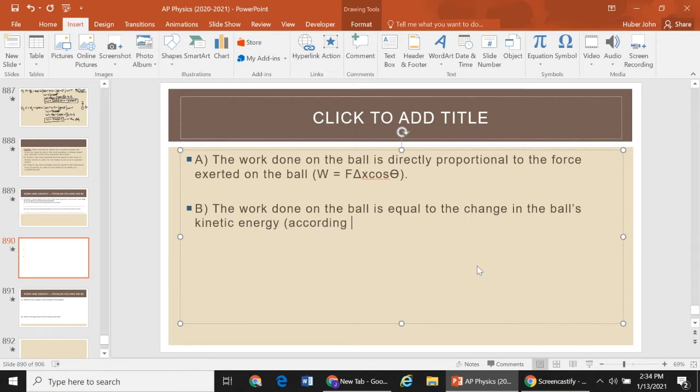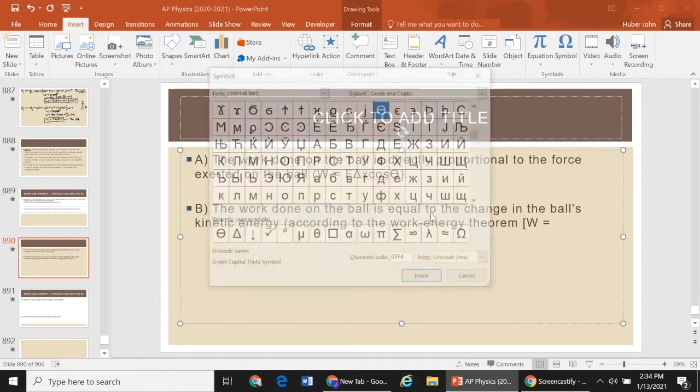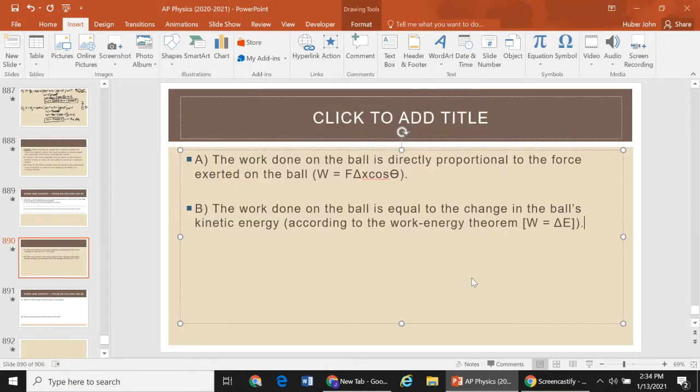And that's according to the work energy theorem, which of course says that the work is equal to the change in total energy. So that's how we sort of connect work and kinematics through the speed of the object here.